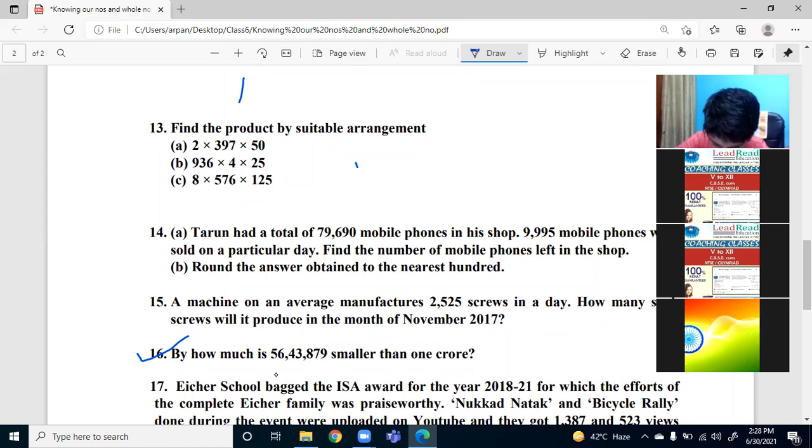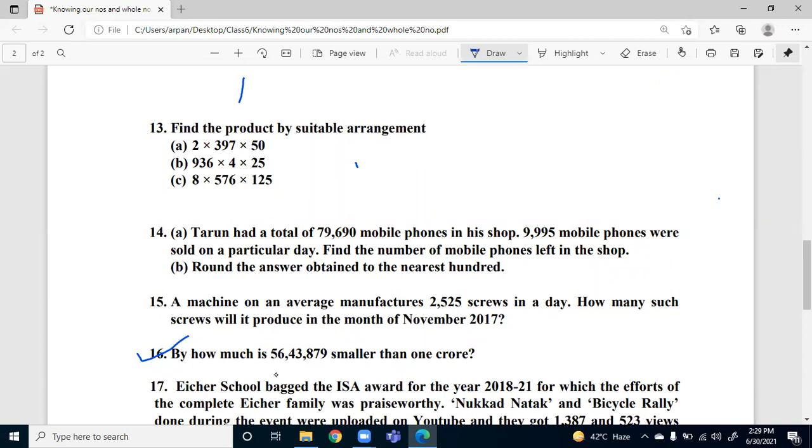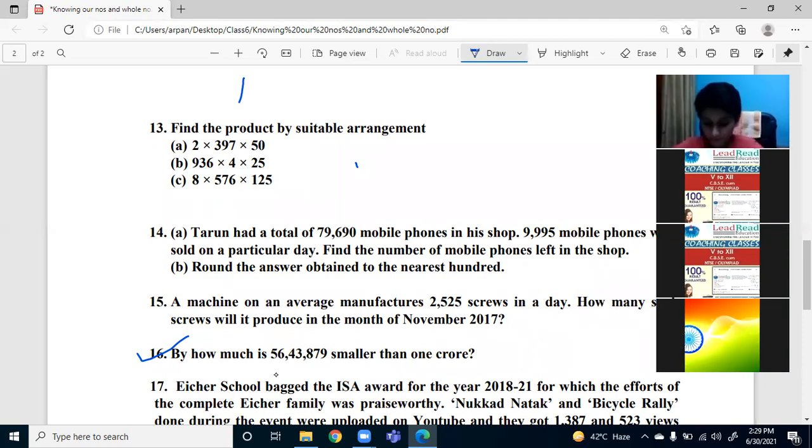Ma'am, I cannot understand what he is saying. Tanmay, take your time, understand the question and do tell me. Hriday, can you explain?